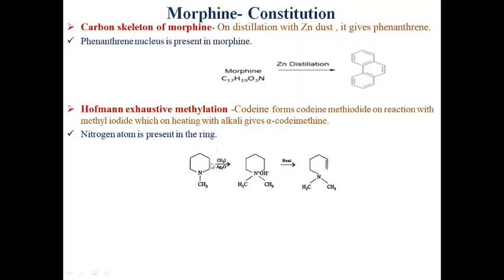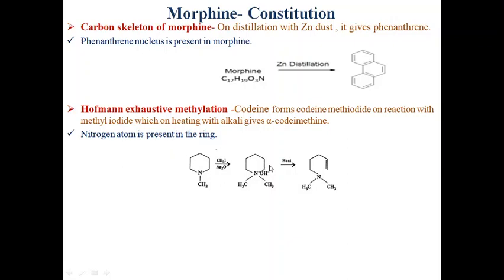On doing the exhaustive methylation process, the first step is the reaction with methyl iodide, and in the presence of silver hydroxide, it converts into a quaternary salt and methyl hydroxide.